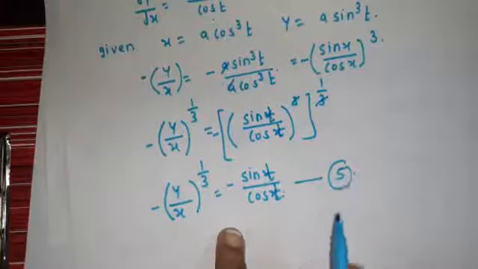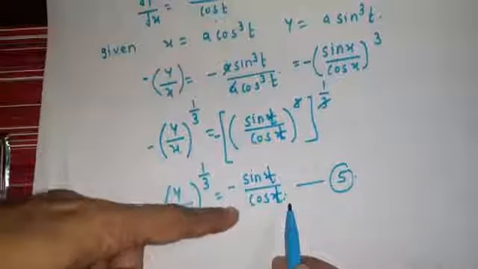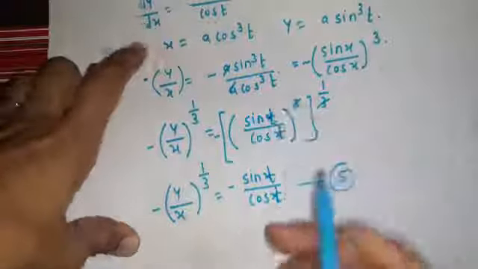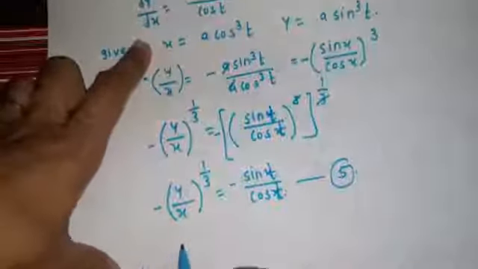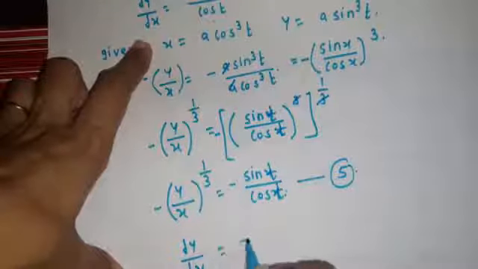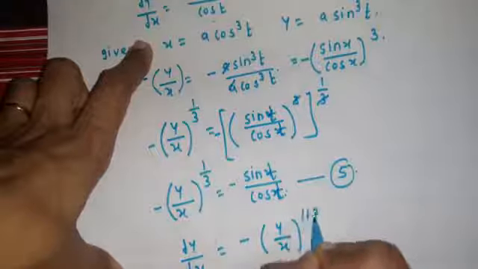Therefore from 4 and 5 we directly show that dy by dx equal to minus (y upon x) raised to 1 by 3.